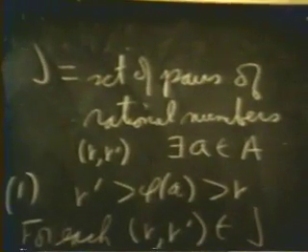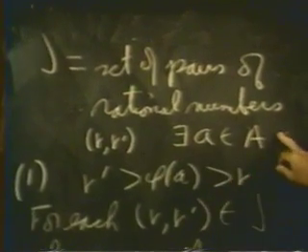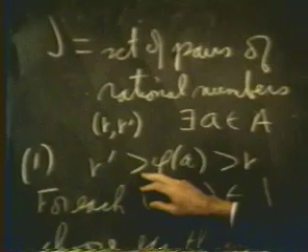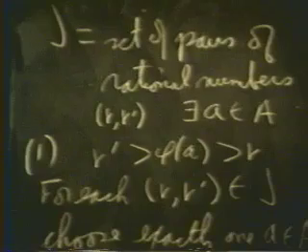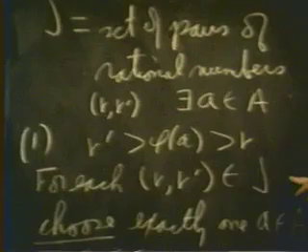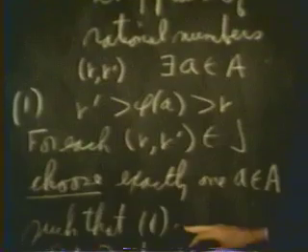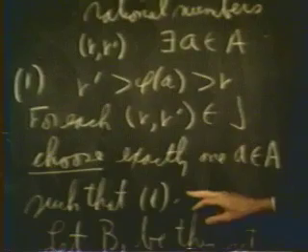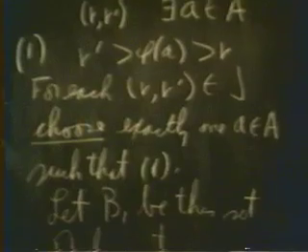Let J equal the set of pairs of rational numbers, R and R prime, such that there exists an A in the set cap A with R prime greater than phi of A greater than R. For each pair in J, we choose exactly one A such that condition 1 holds. Now notice in general there will be many such A's, but we now pick exactly one for each pair. Let B1 be this set of elements.